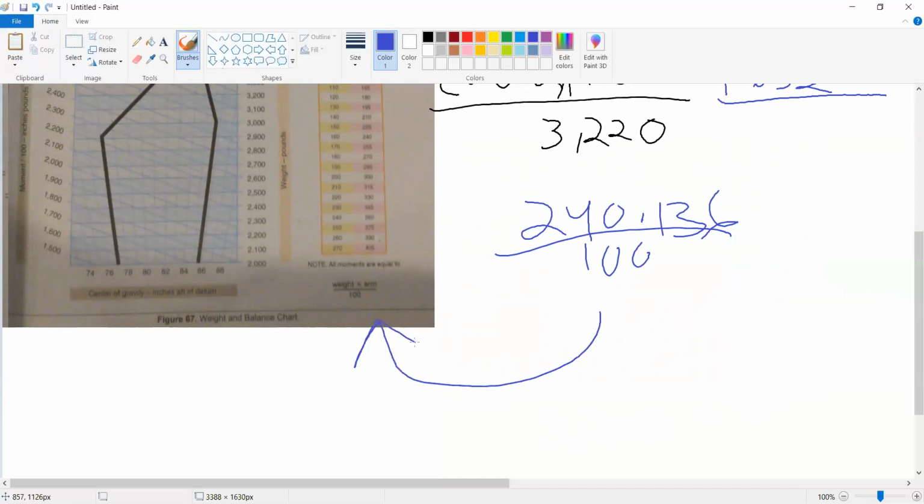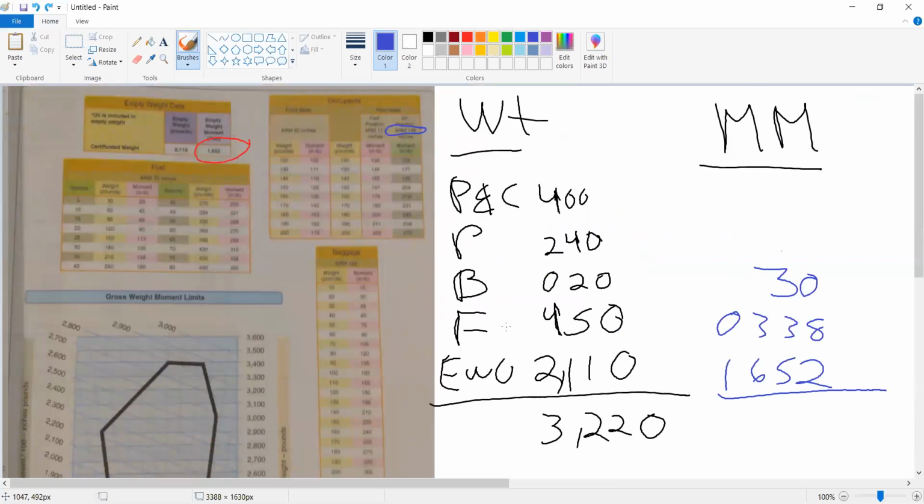This tells us to do that. So we have 240 times 136 equals 32,640. We just move it two decimal places and we get 326.4.